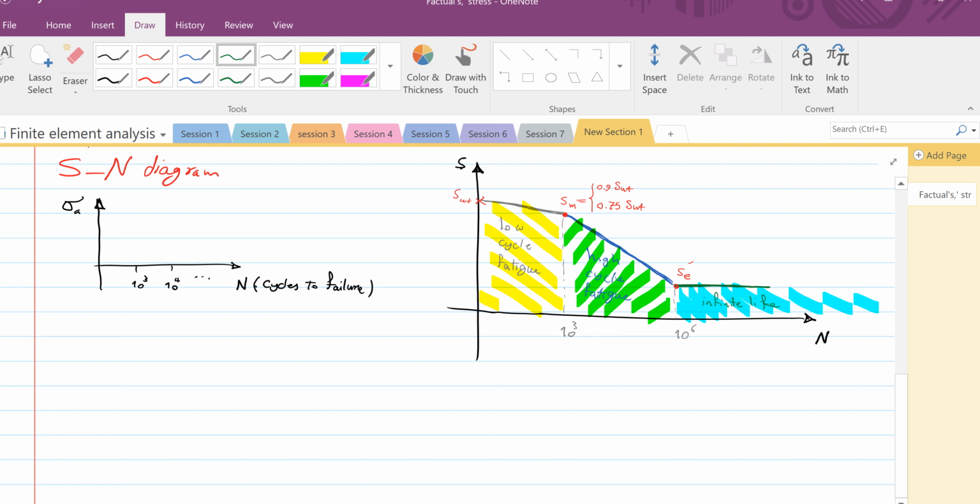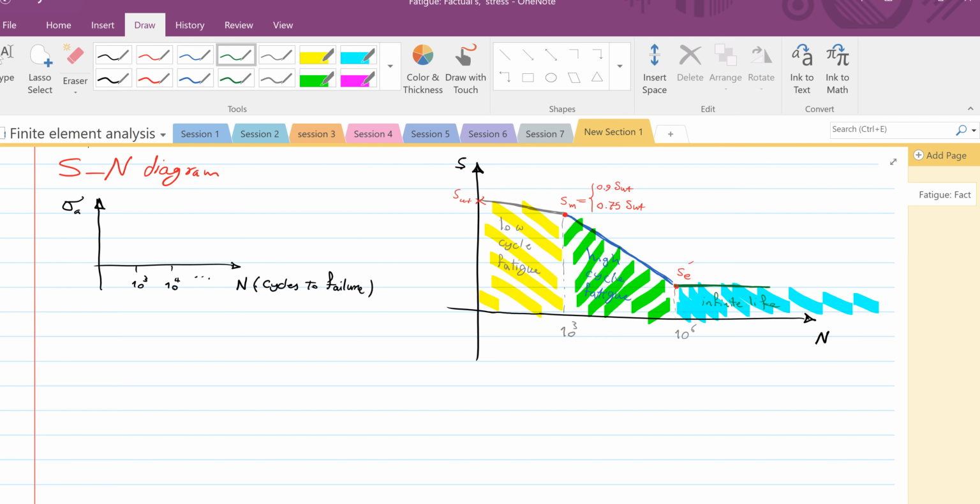So if you design your object for a life of more than 1 million cycles, we call it infinite life. Usually we design for this life. So our target most of the time is reaching 10 power 6 cycles, which we call infinite life. If it's less than that, usually you should expect some failure, and we don't design for less than 1 million cycles.